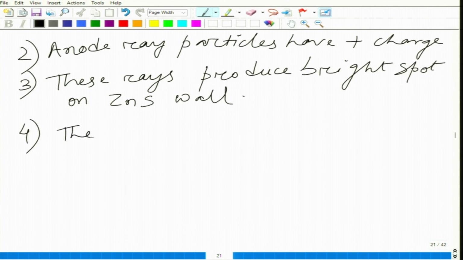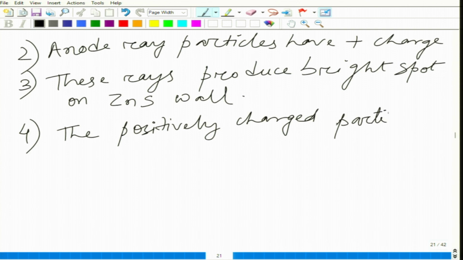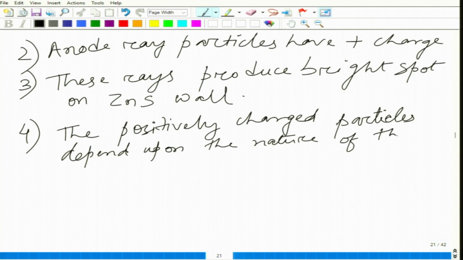Unlike cathode ray, the positively charged particles depend upon the nature of the gas in the tube.